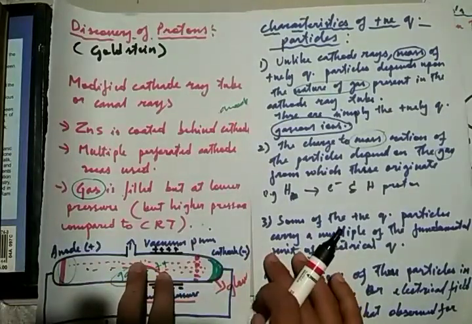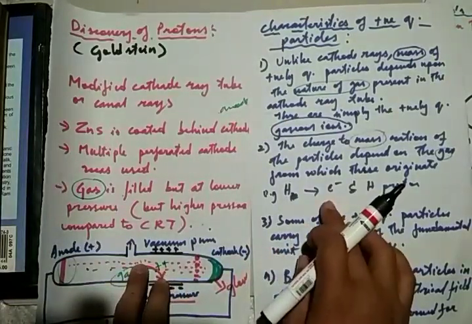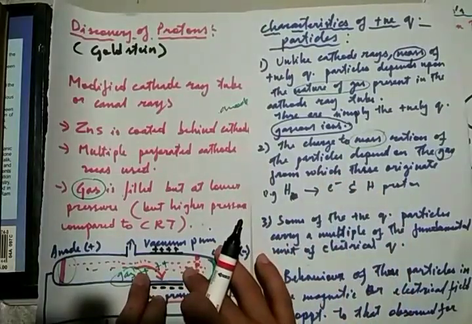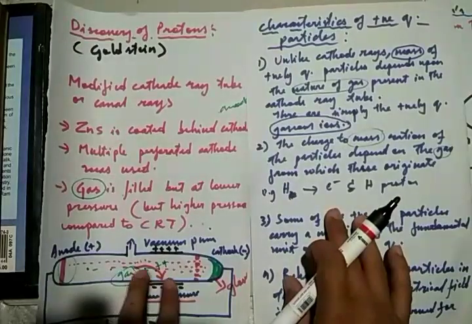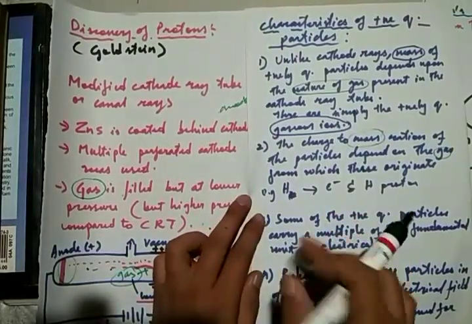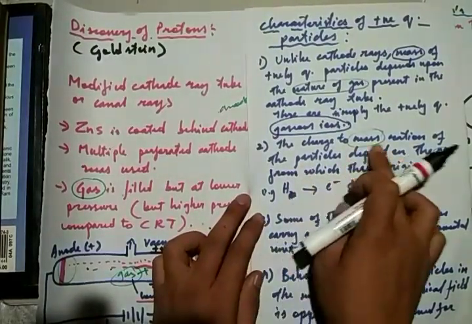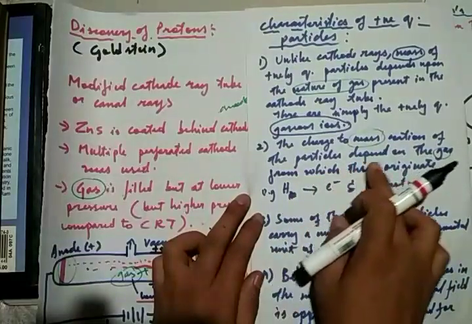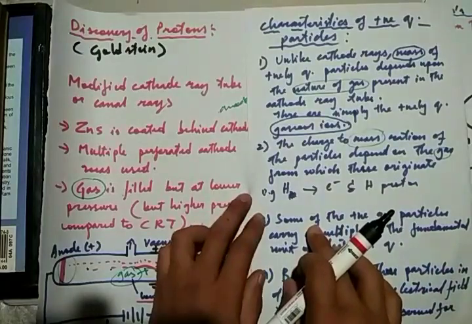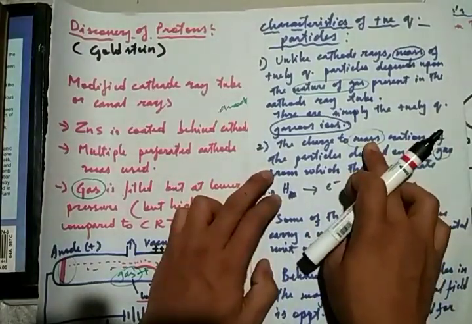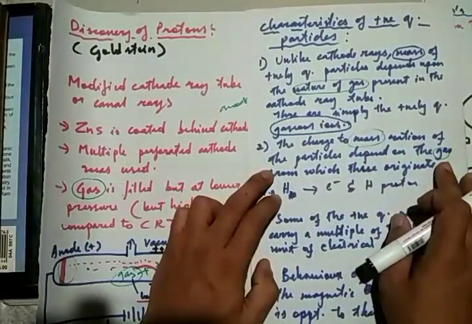But in this case the property will depend on the gas. The charge to mass ratio of the particles depends on the gas from which they originate. Mass also depends on the gas.